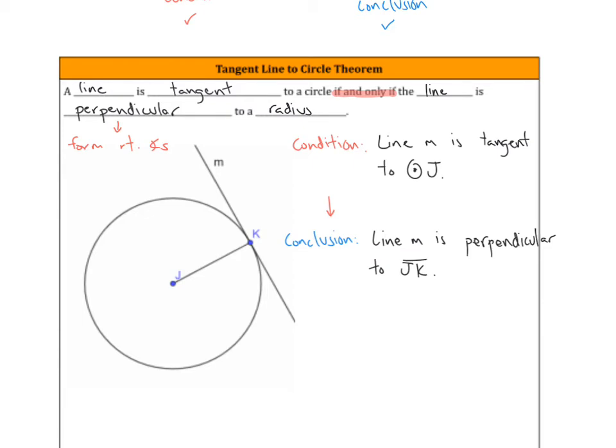Okay. Now, if they don't tell us in the problem that the line or the segment is tangent to the circle, then we cannot assume that we have perpendicular lines or segments. We're only allowed to make this conclusion if the condition has been met.